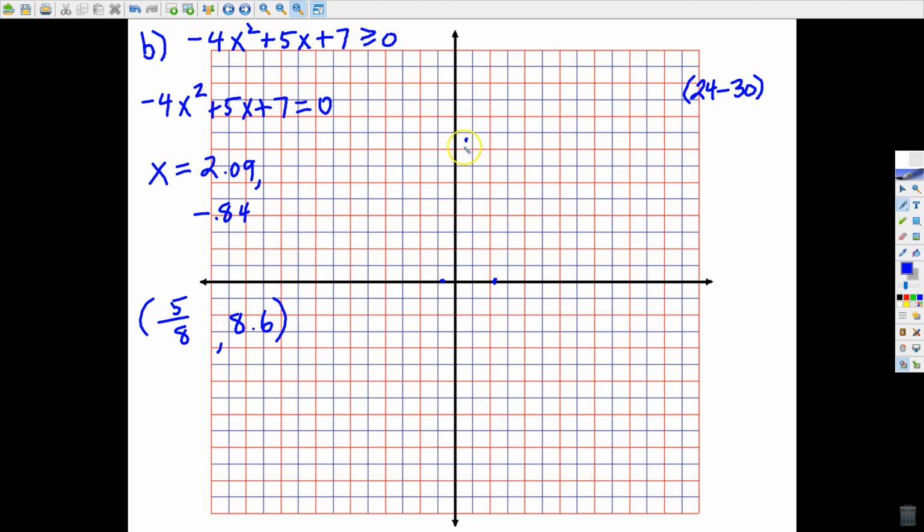And let's just go ahead and draw our parabola using those 3 points. Now we're going to look at the original inequality, and notice that it says greater than or equal to 0.